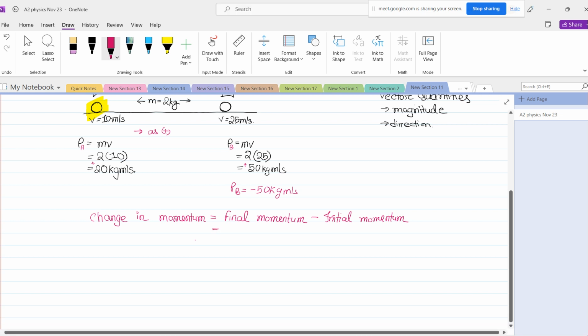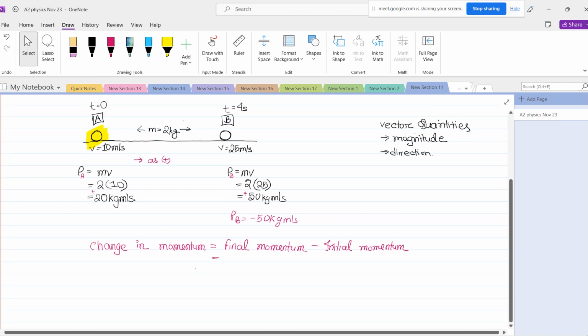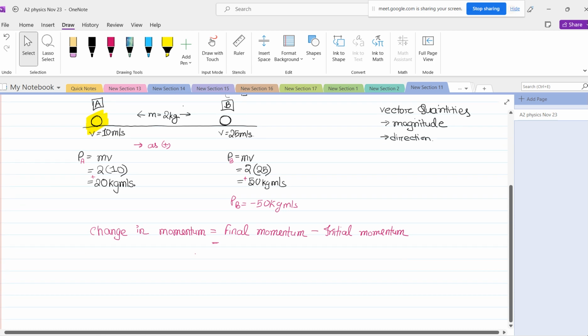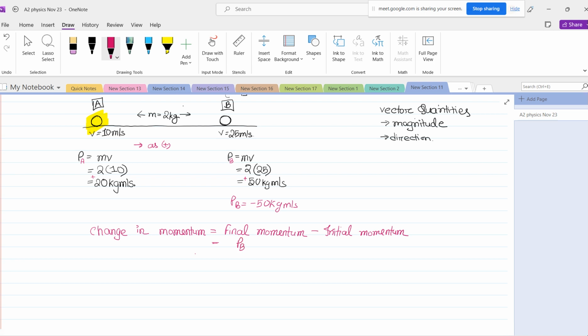We have the values for both momenta, taking point A as the initial position and point B as the final position. So to calculate the change in momentum for this particle, we subtract PA from PB, and we get 50 minus 20, that would be 30 kg m/s.